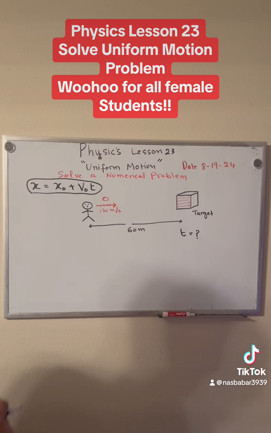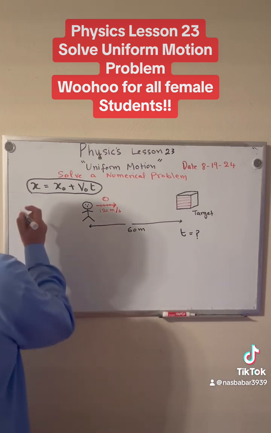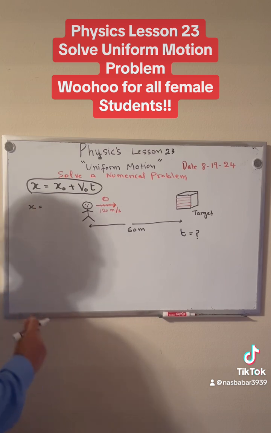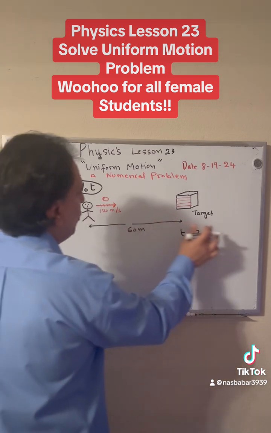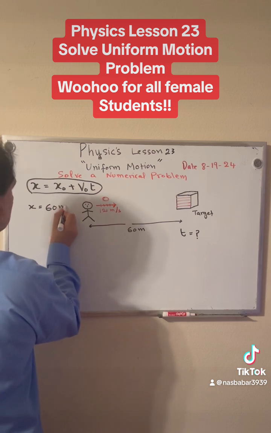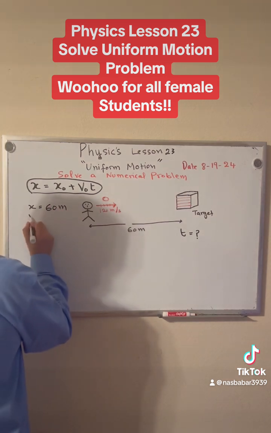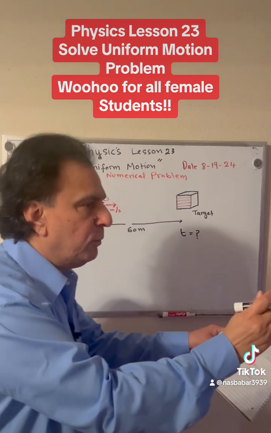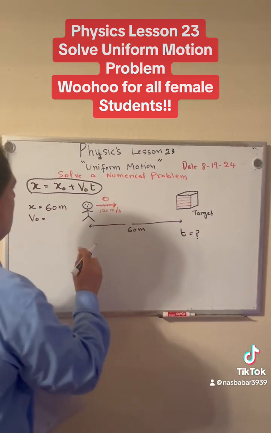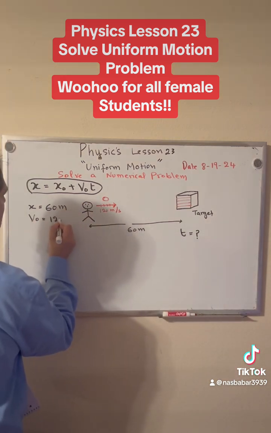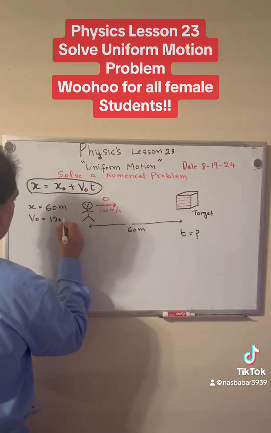Now what is x in this case? x is basically the distance covered from point A to point B. It's given, 60 meters. And then what is my initial velocity? It's given right here, 120 meters per second, my bad.